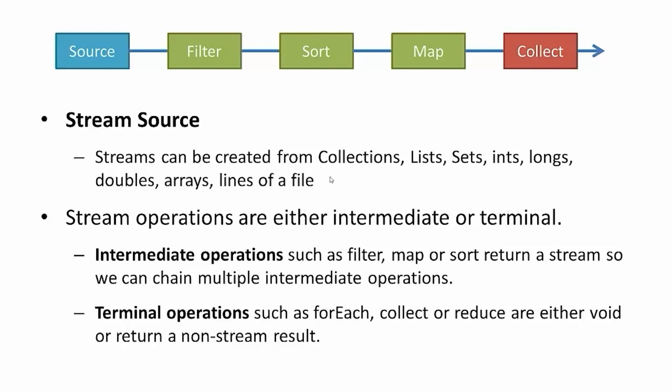And you can chain multiple intermediate operations because each one is passing a stream on to the next. Terminal operations receive a stream and they can either return void or they can return a non-stream result. So typically a reduction, they could reduce your items to a list, or to a scalar value or something else.